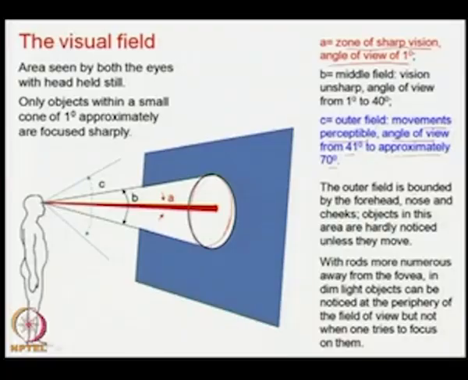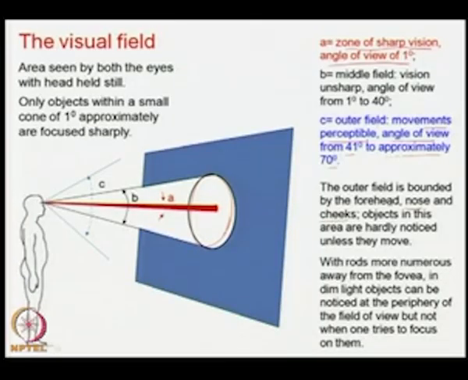The outer field is bounded by the forehead, nose and cheeks. Objects in this area are hardly noticed unless they move. So, if we use this information in our design practice, then obviously our attention will be drawn accordingly.